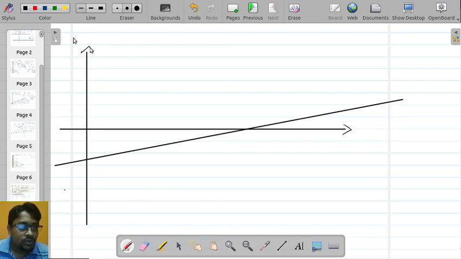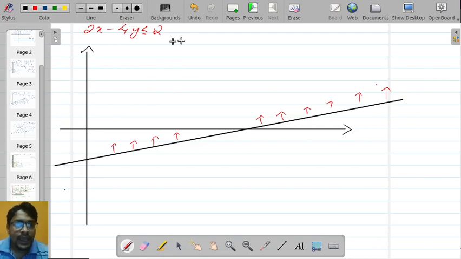Okay, so once you understand that this 2x minus 4y less than or equal to 12 represents the portion above, right, you can just mark it this way, right? This way it's better to mark so that you can understand it, that 2x minus 4y less than or equal to 12 represents the portion above this line.